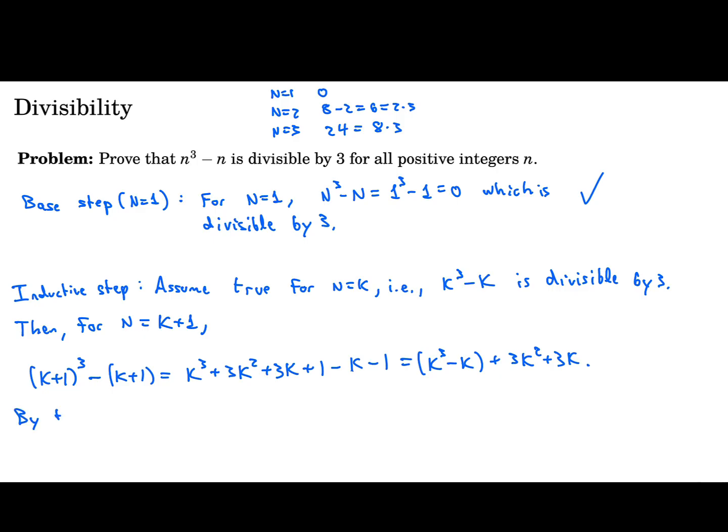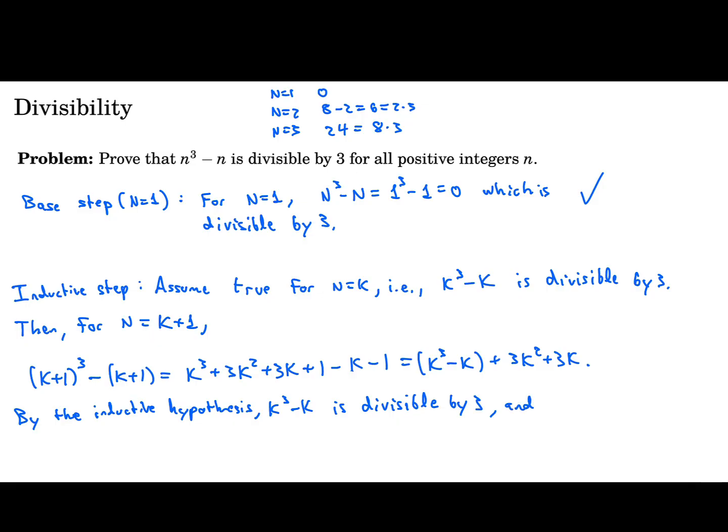So here, by the inductive hypothesis, k cubed minus k is divisible by 3.